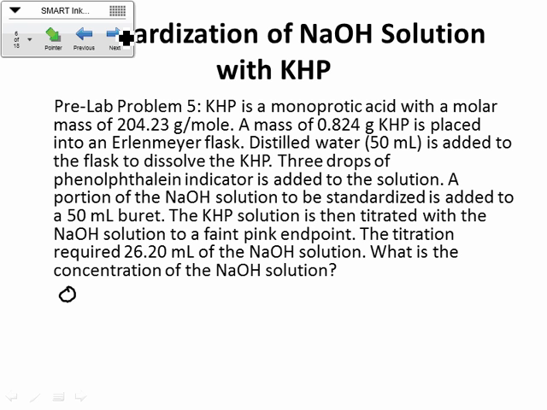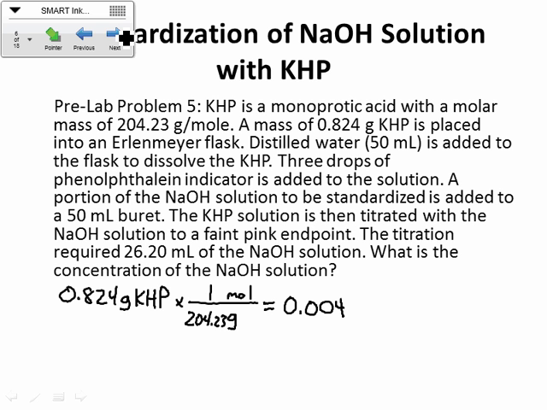So let's start there. We've got 0.824 grams of KHP. We'll go from grams to moles. 1 mole is 204.23 grams. It's going to be an unfortunately small number. So you end up with, using the right number of sig figs, 0.00403 moles of KHP.